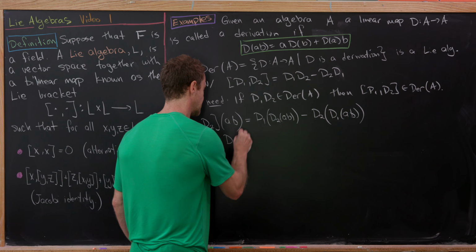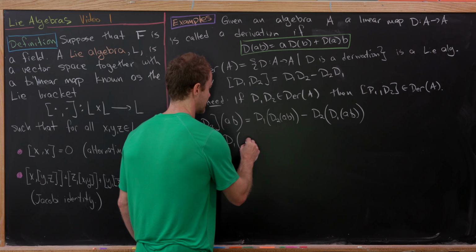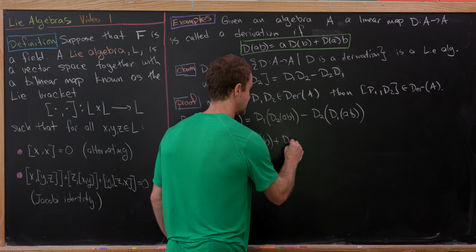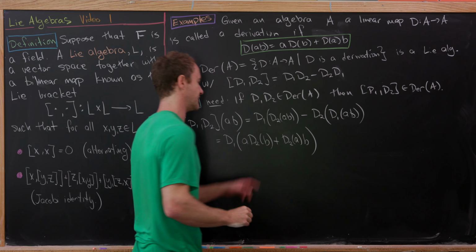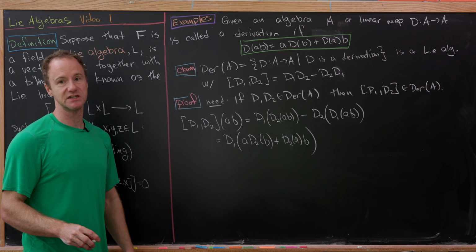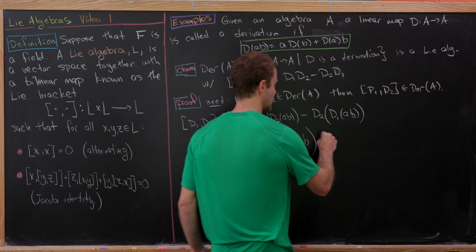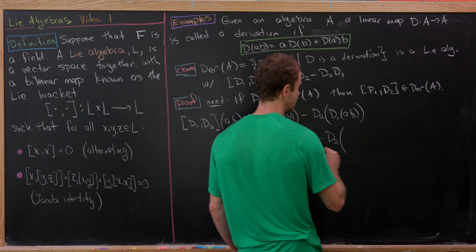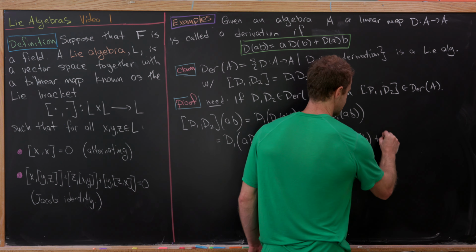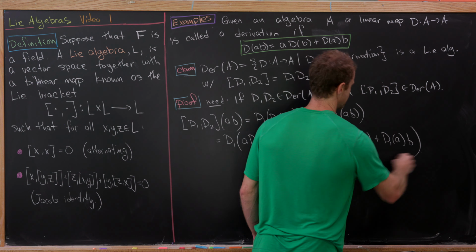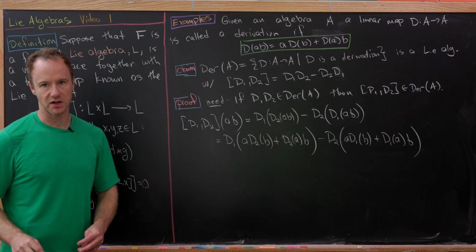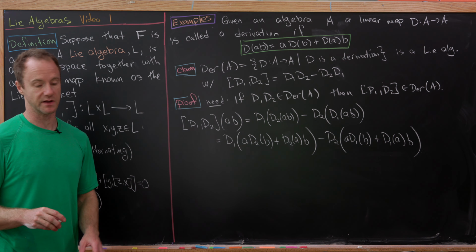So this is going to be d1 operating on A d2B plus d2A times B. That's using the fact that d2 is a derivation. And then here we'll have minus d2 operating on A d1B plus d1A times B. Great. And now remember, A and B are elements of the algebra, so we can't factor them out really.